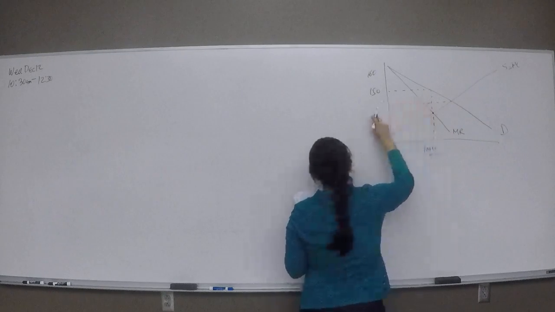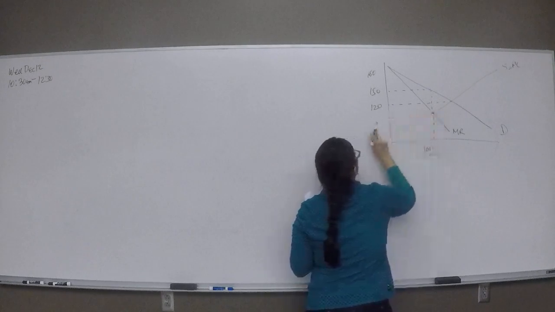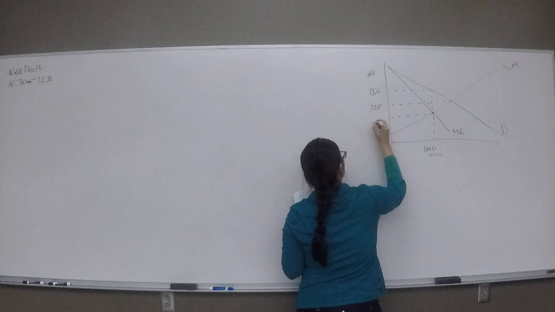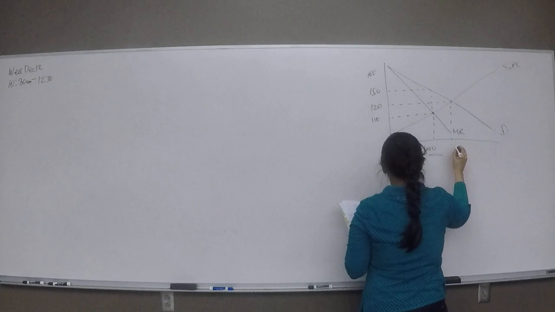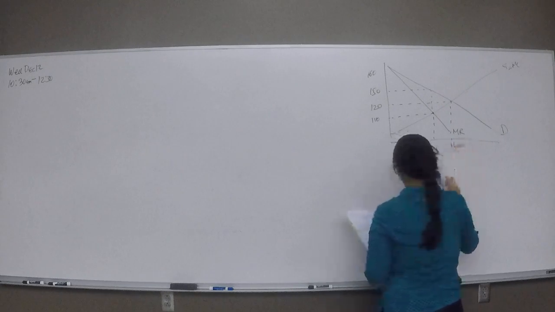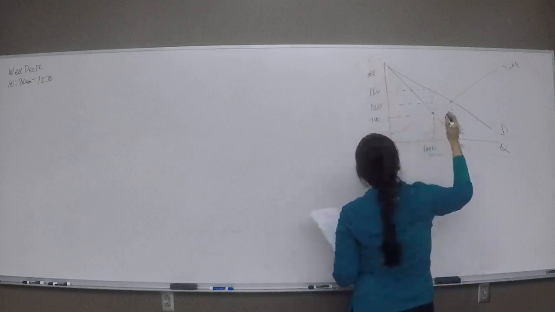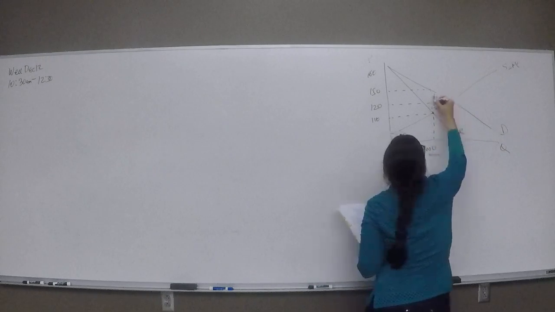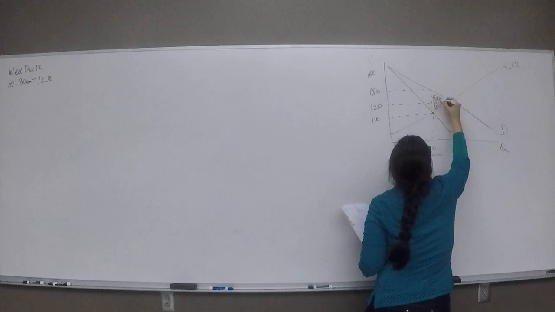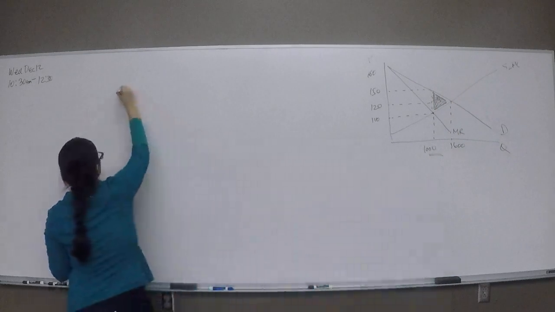So the competitive price is 120, the minimum they can charge is 110. The competitive quantity is 1,600. So this is quantity, this is price. This is the deadweight loss area that we're thinking about calculating. What's the deadweight loss?